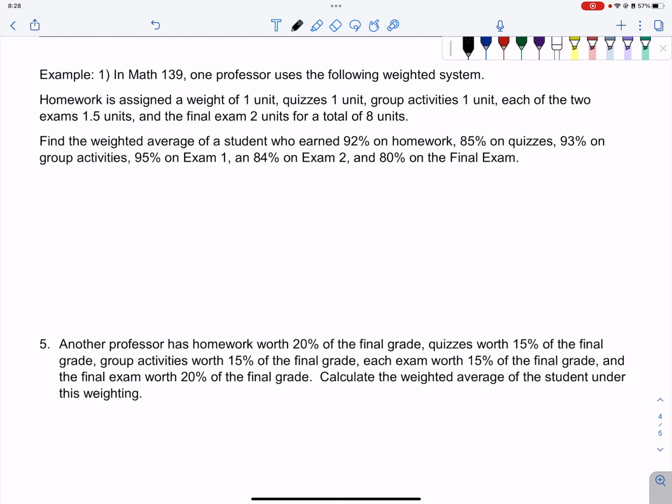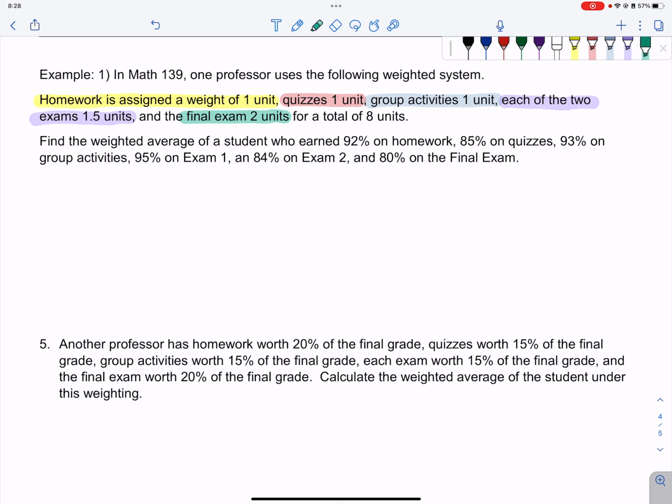We have that in Math 139, one professor uses the following weighted system, where homework is assigned a weight of 1 unit, quizzes are given 1 unit, group activities have 1 unit, each of the 2 exams are 1.5 units, and the final exam is 2 units, for a total of 8 units in the course.